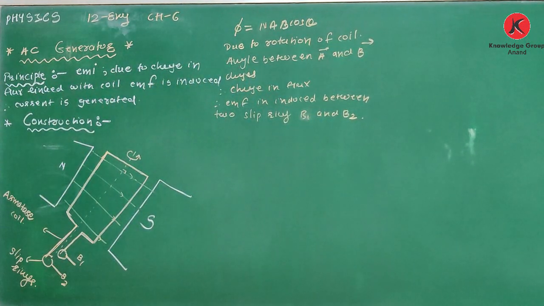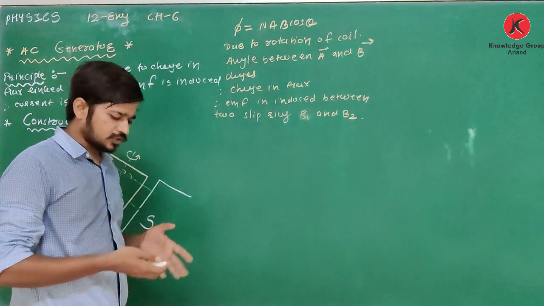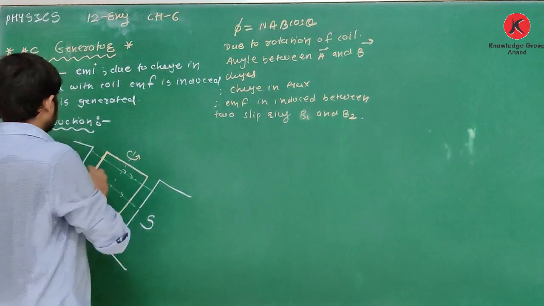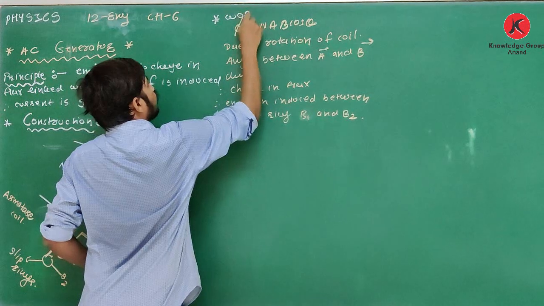Clear about this? So this is the working in short. About construction you have to write in detail from the textbook. About this working you have to write from the textbook in detail. So this is the principle, construction, and here it is the working.